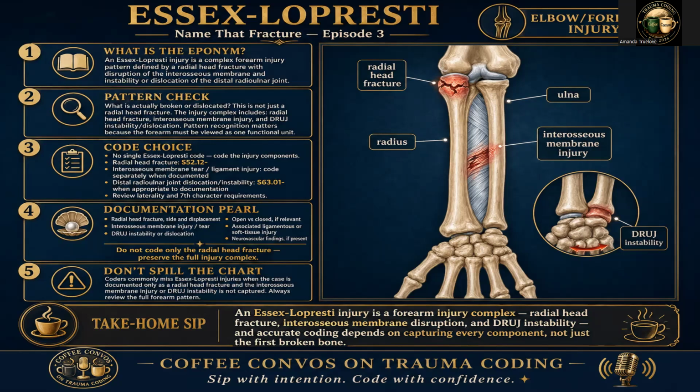Hopefully, they are helping you with information on that interosseous membrane injury when it is identified, and whether you have a distal radioulnar joint instability and subluxation or dislocation, for example, as well as any wording about longitudinal instability for that proximal migration when it's present, and whether the injury is acute and current. Now, this is one of those patterns where buried orthopedic details can make a major difference, okay, in helping us hopefully not spill the chart.